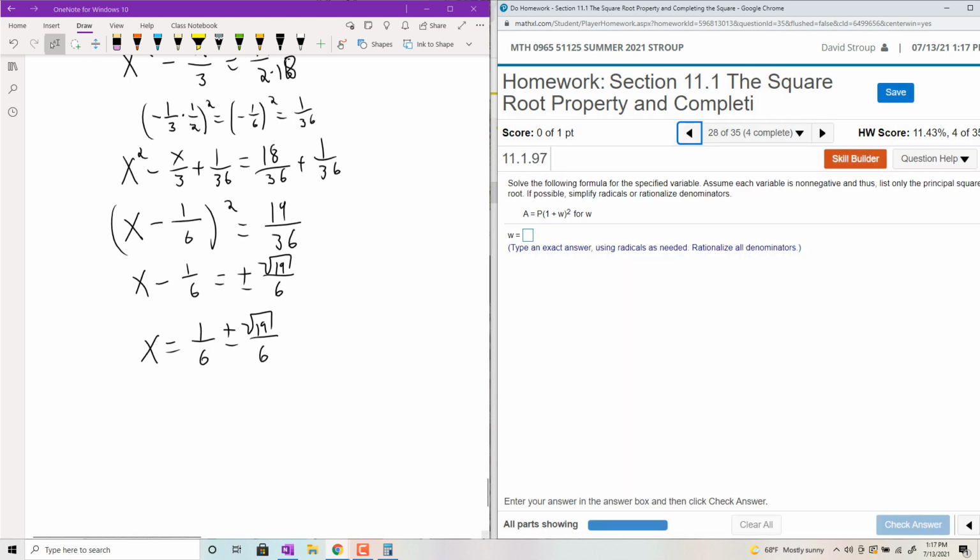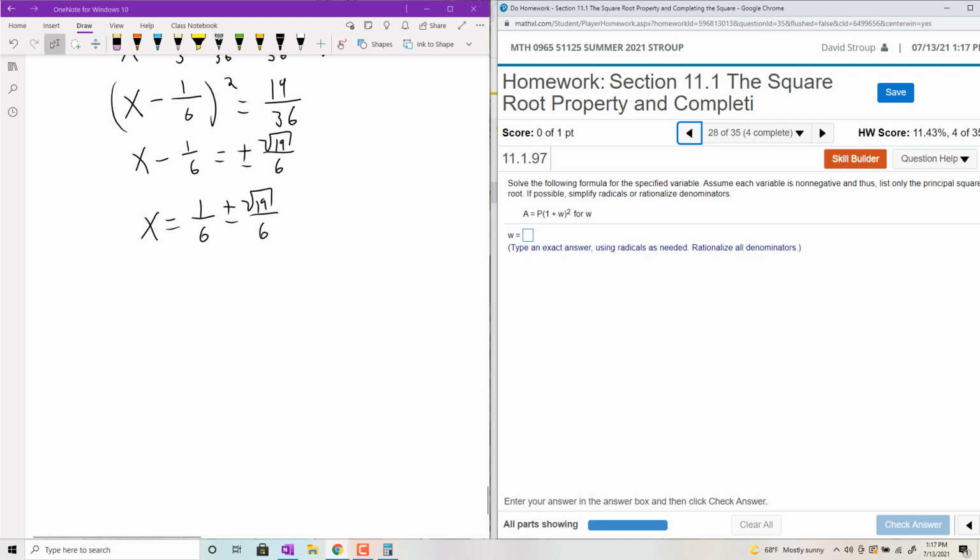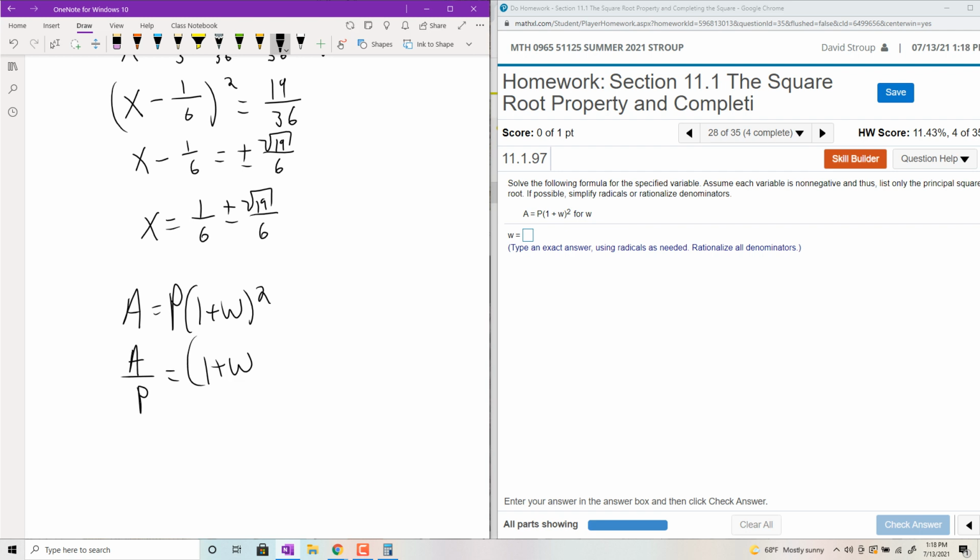Oh, this one. Solve the following for the specific variable. So a equals p times 1 plus w squared. So divide both sides by p. Square root property.